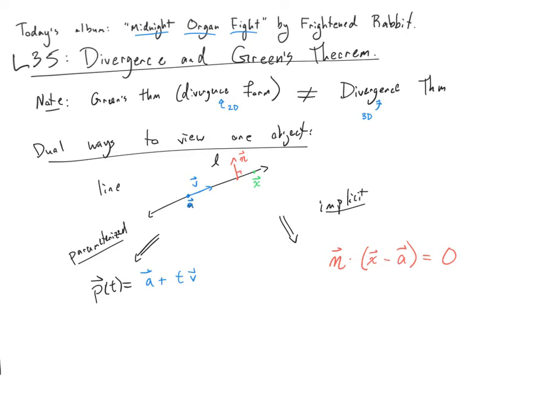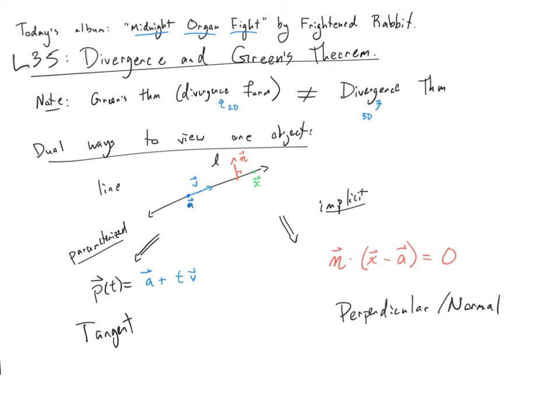And so the key thing I want to draw out here is the duality between viewing an object either tangent to the curve or perpendicular to the curve. So this is like the tangent direction, and this is the perpendicular or normal direction.